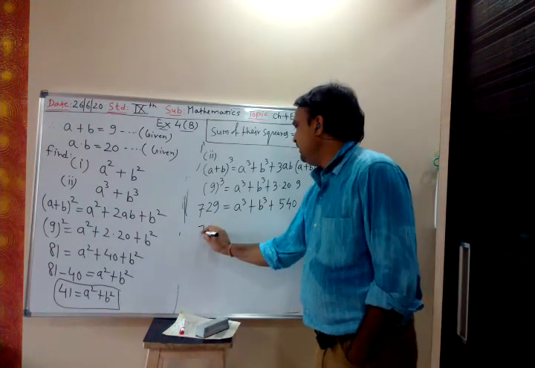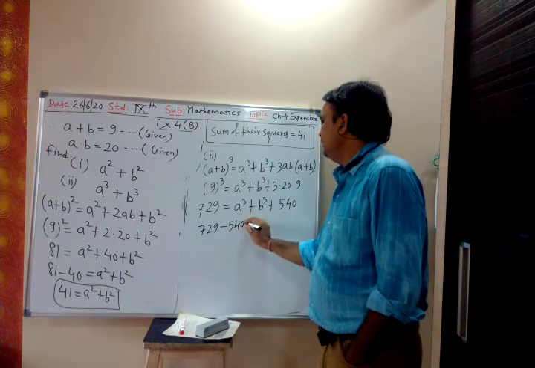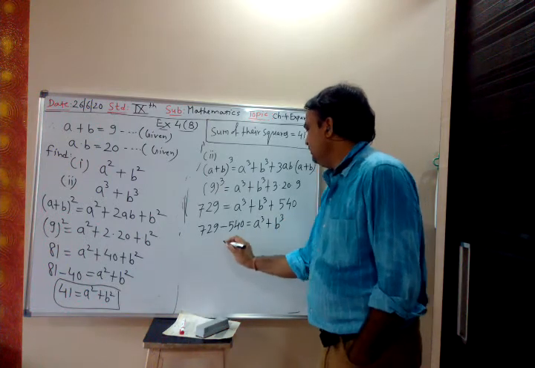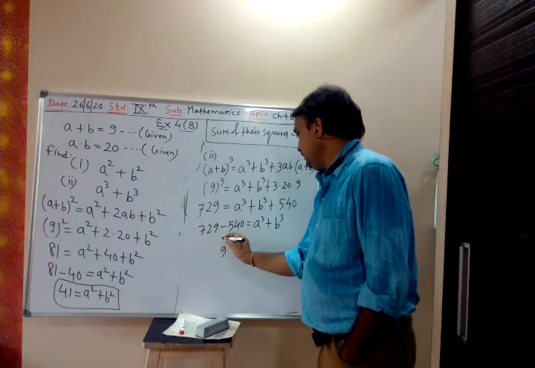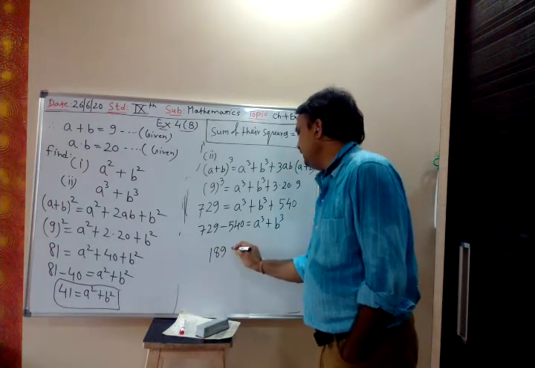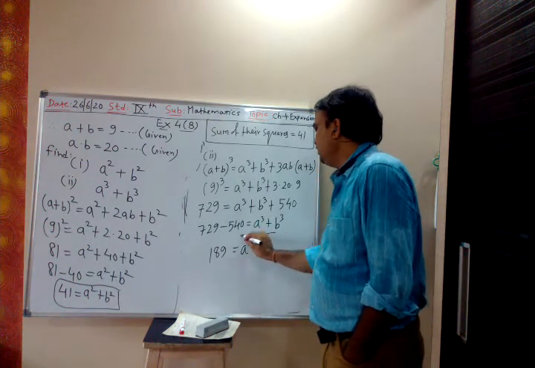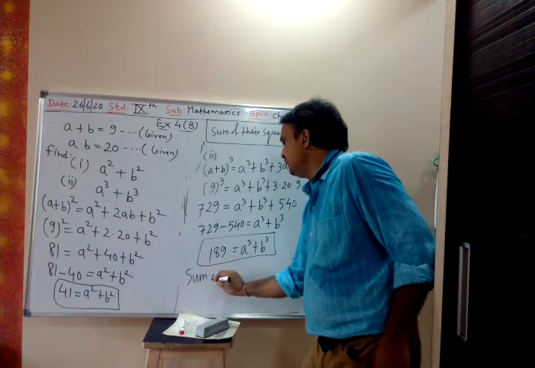Now 729 minus 540. We take 540 on this side, equals a cube plus b cube. So 9 minus 0, 9. Then 12 minus 4, 8. Then 6 minus 5, 1. 189 is equal to a cube plus b cube. So the sum of their cubes is 189.